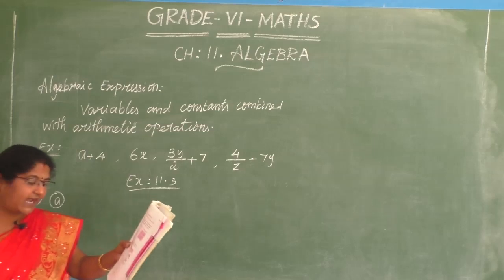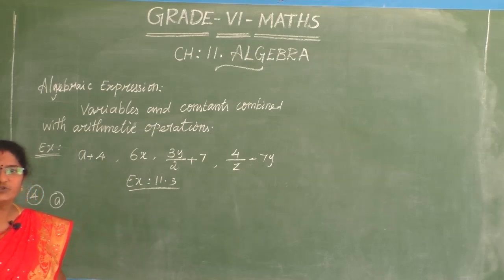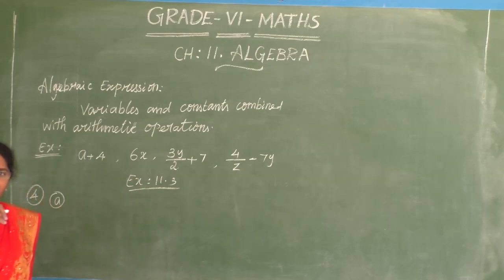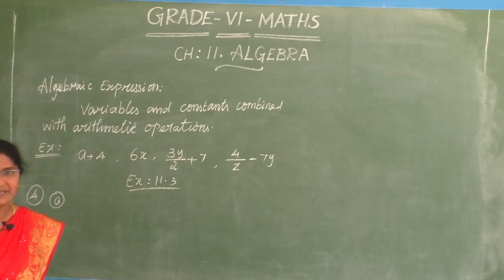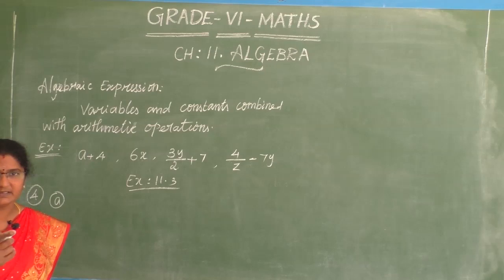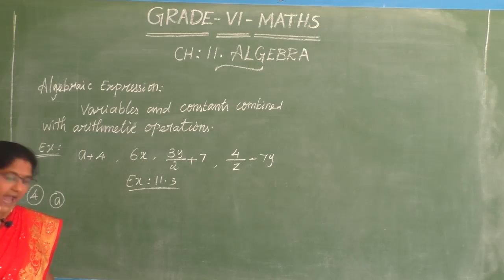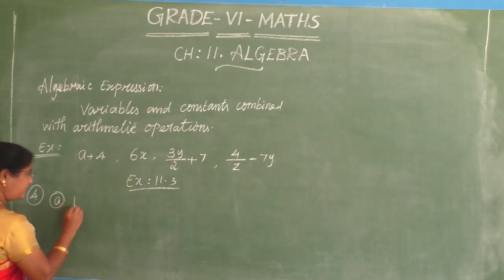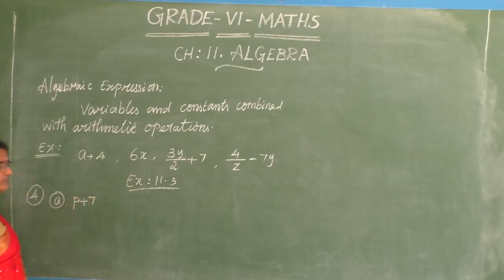7 added to p. So that means 7 is added. Added, what symbol? Plus. To p. We are saying 7 is added to p. So what is the expression? p plus 7. Understand?